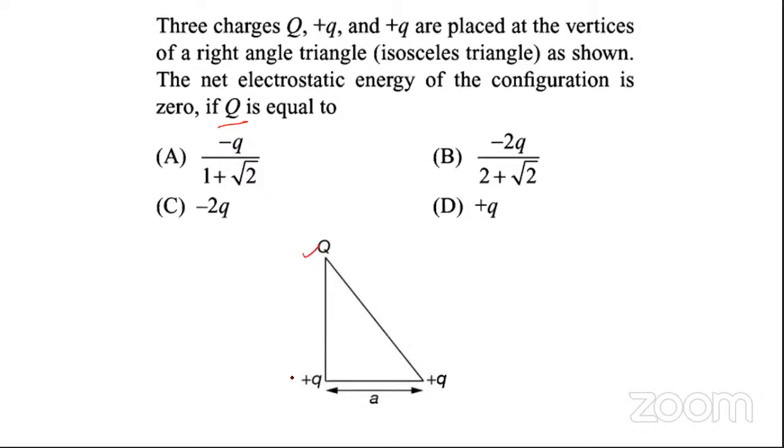Let's take these two first. So the potential energy comes out to be K Q Q by A. See, this is A and this will be A because this is an isosceles triangle. And this is 90 degrees, so this length will be root 2A.